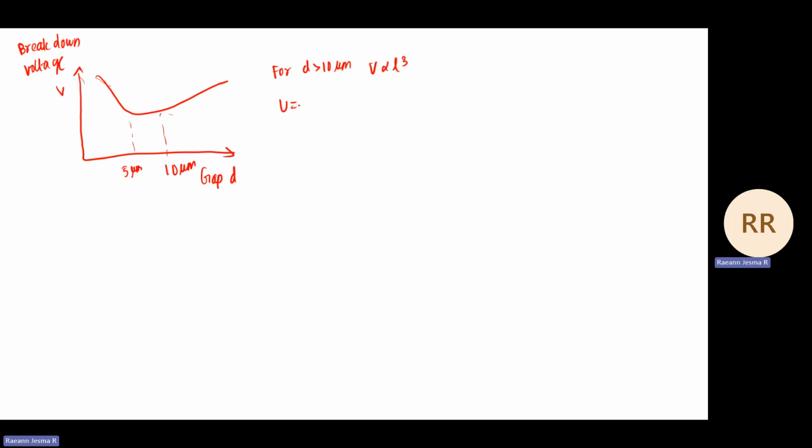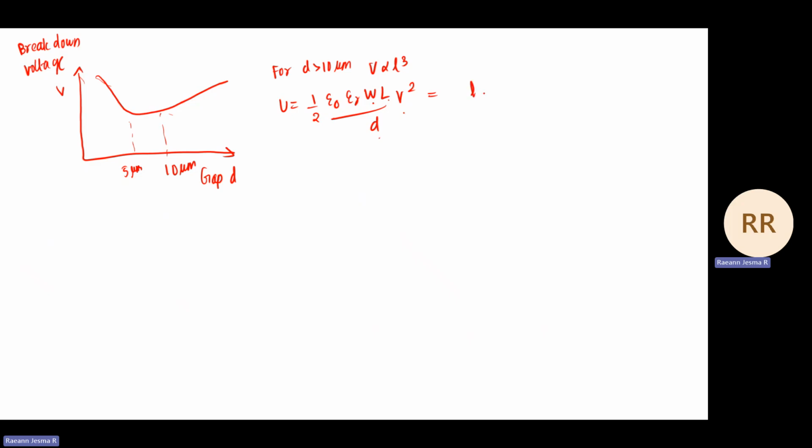As we saw in our earlier slide, epsilon naught, epsilon r, width into length divided by D into V squared. Here, these terms do not have any length dependence. This term, width, length, distance, V squared, these are the three terms that have a dependence with the dimension.